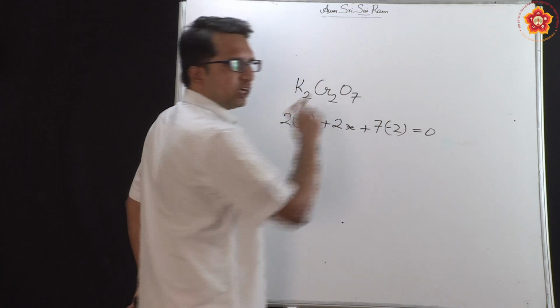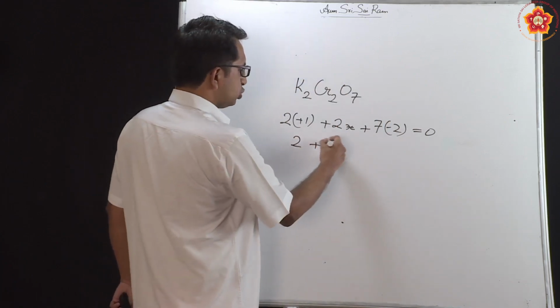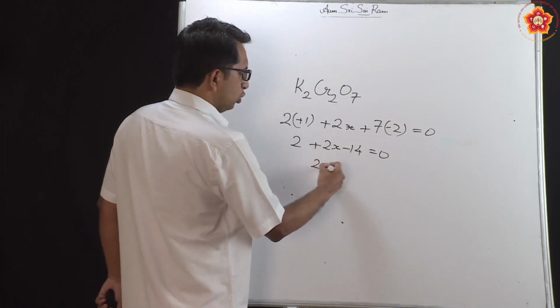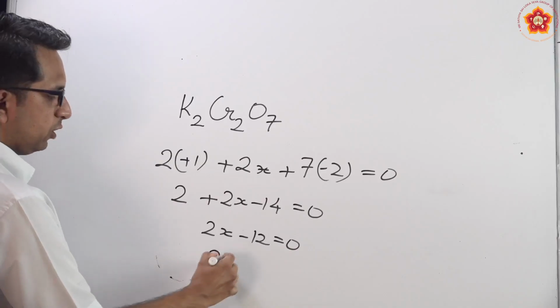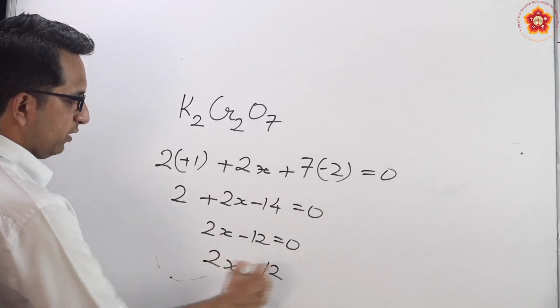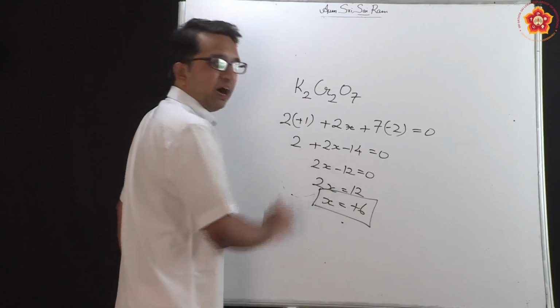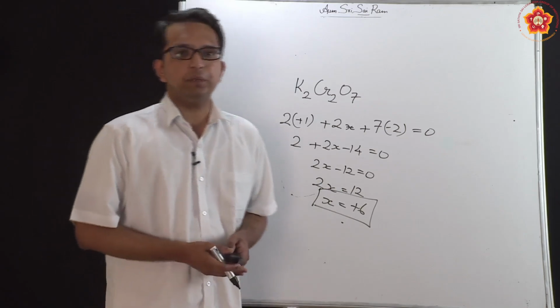The overall charge has to be 0 because this is a neutral molecule. Solving this, 2 plus 2x minus 14 is equal to 0, 2x minus 12 is equal to 0, so 2x is equal to 12, x is equal to +6. This is how we get +6 as the answer for that fourth question.